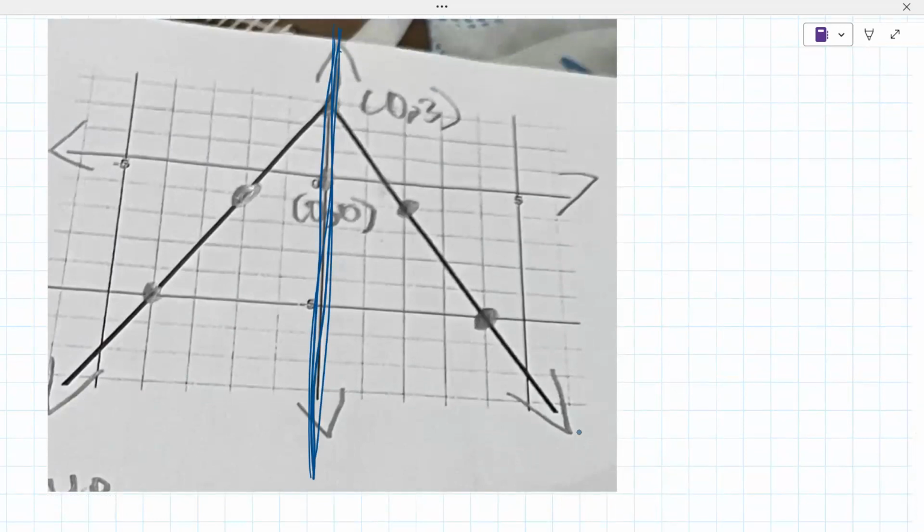Is it the same on the left and the right? Yes. So this is even.